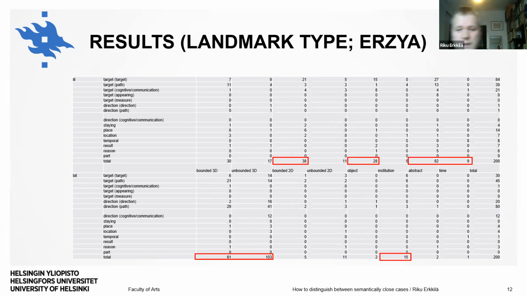Here are some interesting things that should be noted: 3-dimensional objects take, in my data at least, definitely more lative than illative. I will soon try to explain that, but it's kind of surprising. And then bounded 2-dimensional objects almost every time, when it's a goal, are inflected in illative.